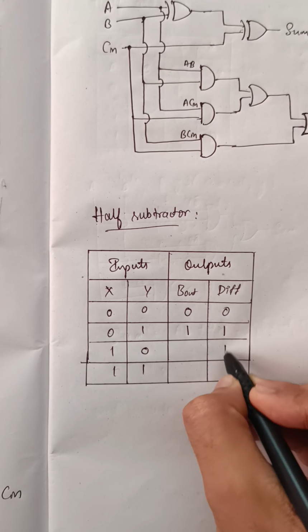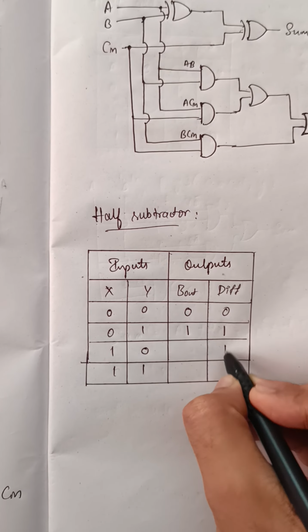These outputs are combined in OR gate and this will give the difference, that is x bar y and x y bar. And borrow out is y x bar, that is here. That's it.